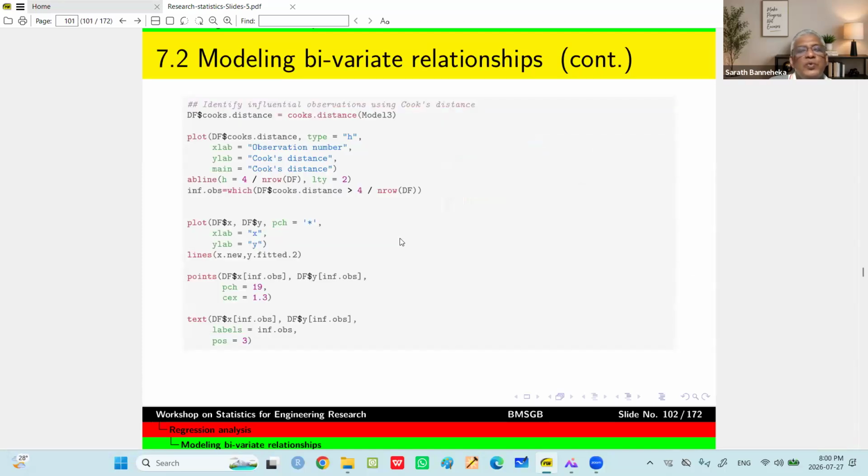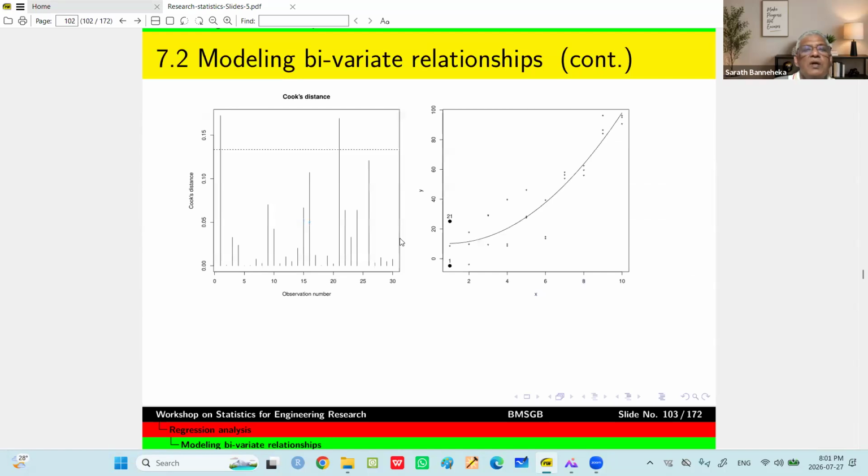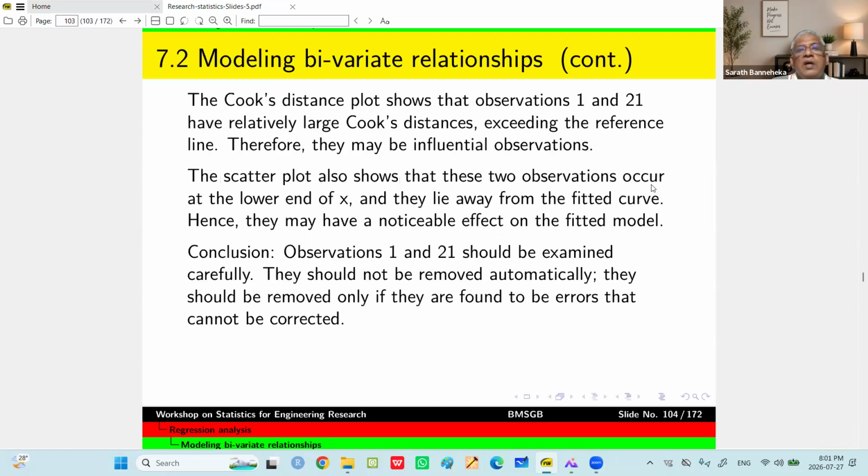And then I have also looked at something called Cook's distance. These are not done most of the times, but I have shown here the Cook's distance against observation number. This is a quantity that is calculated to identify which observations have relatively large Cook's distances exceeding the reference line.